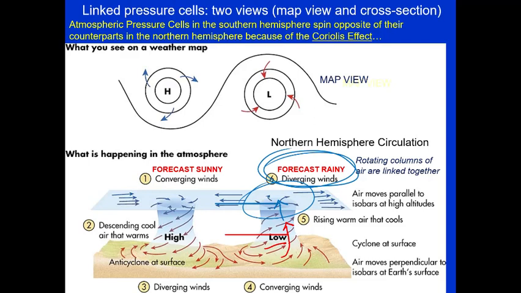On the flip side, when you have converging air that's coming down and descending, that air is going to adiabatically heat up, so it's going to go from cool to hot. And it's also going to be at this point bone dry, because air that's at very high altitude has very little moisture in it.